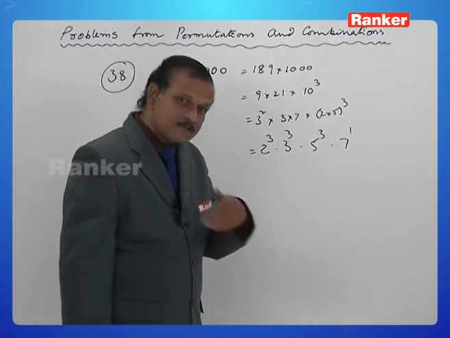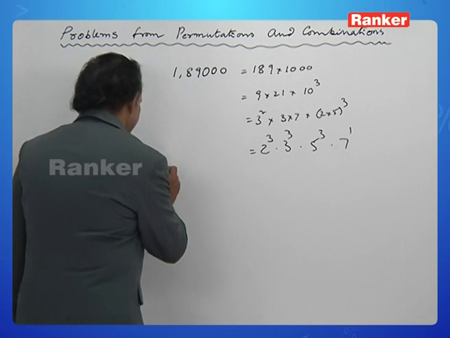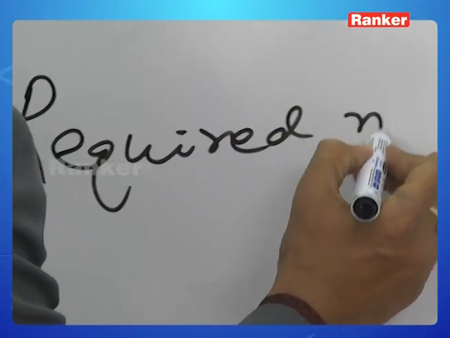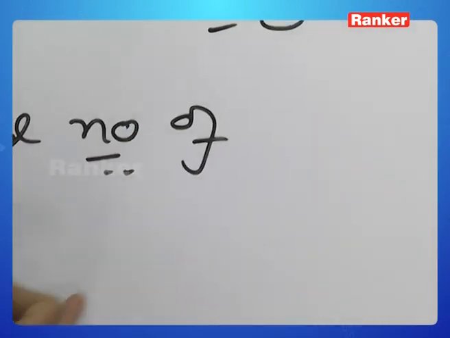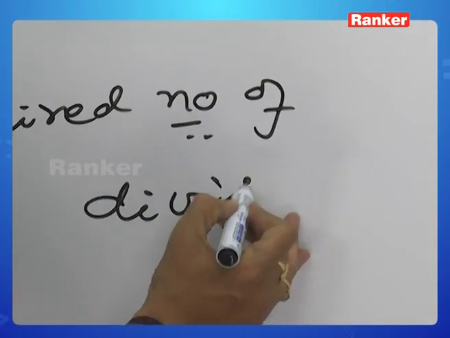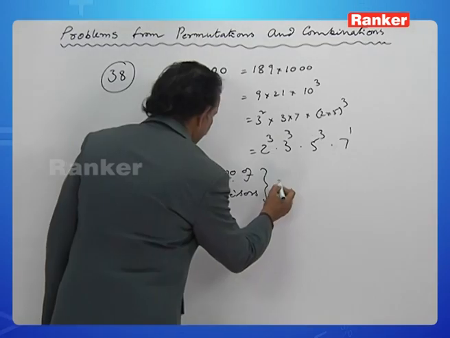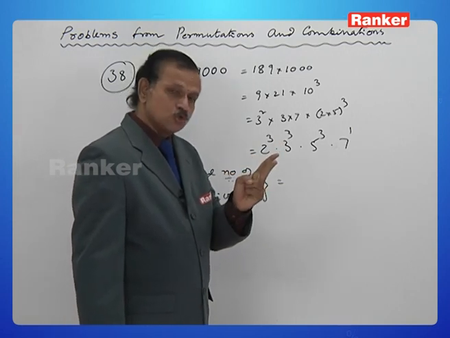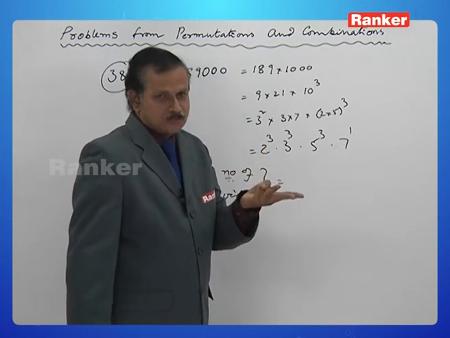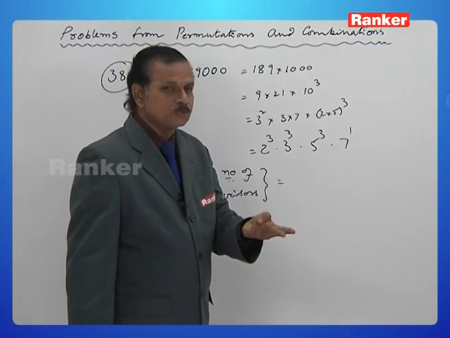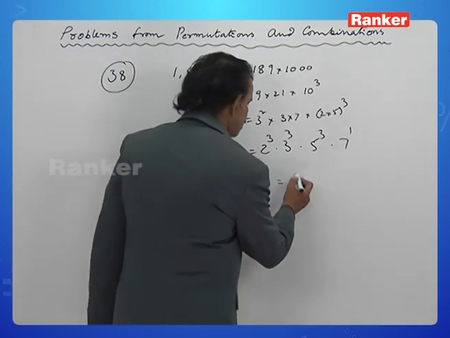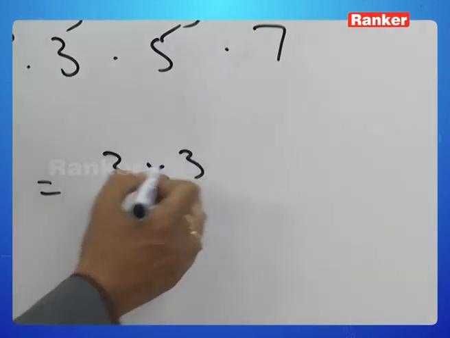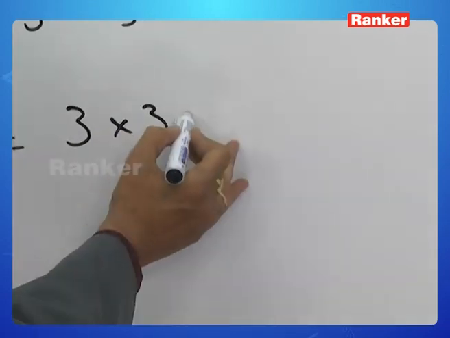What is the required number of divisors? Required number of divisors is equal to: one 2 may occur, two 2's may occur, three 2's may occur. So regarding 2's, how many ways of selection are there? 3 ways. Regarding 3's, 3. Regarding 5, 3.